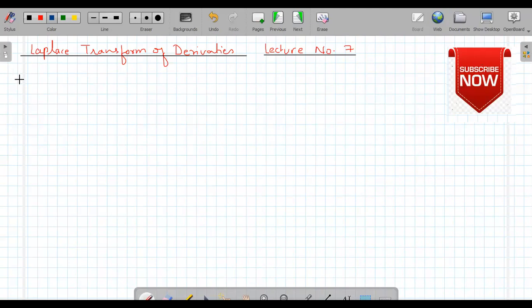So let me first define the rule to find the Laplace transform of derivative of the function.